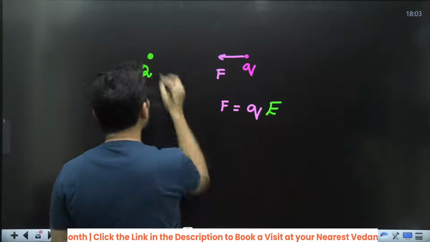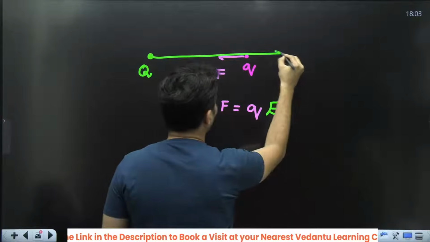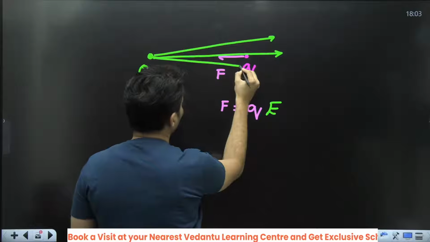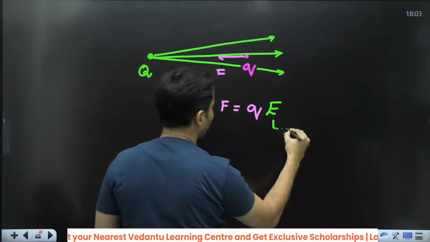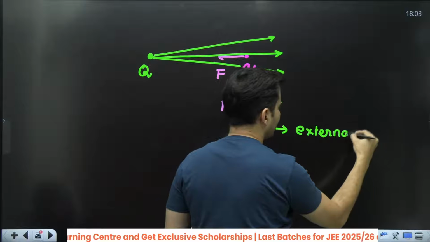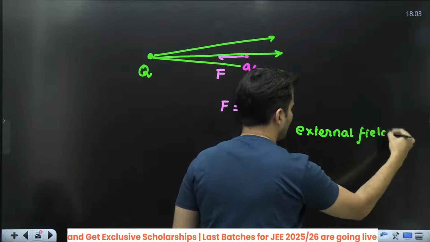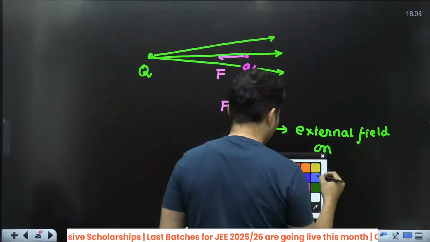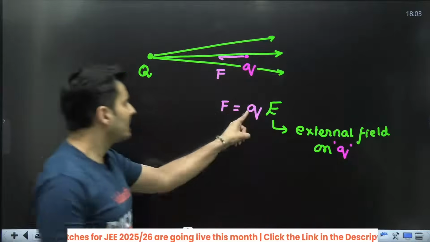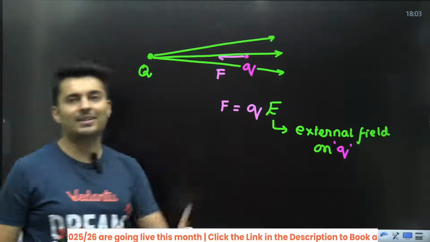This field is due to whom? Due to Q only. Remember that. It is only because of Q. This is the external field on that small q charge. It's not because of that charge itself.